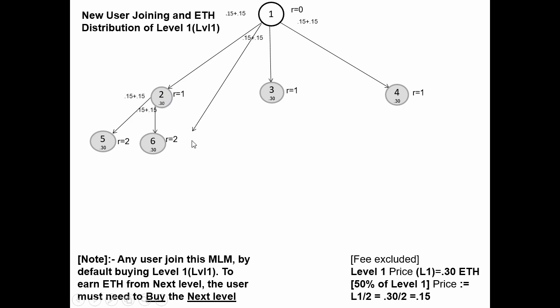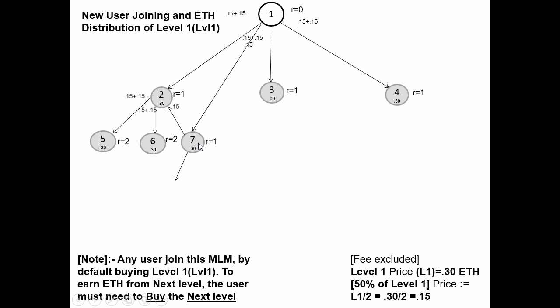It will go here, user 7 and R equals 1, which means user 1 added this user 7. So 50% of the money will go to user 1 as the introducer, and the 50% will go to the user who is directly connected. Here you can see user 2 is directly connected. That means the 0.15 will go to user 2 and user 1.